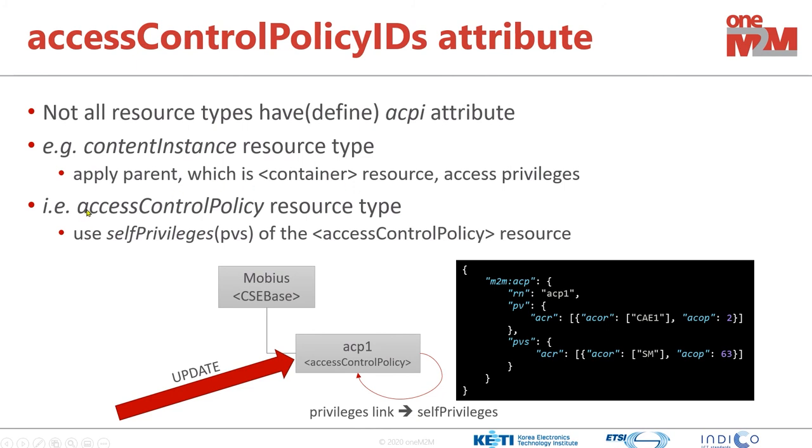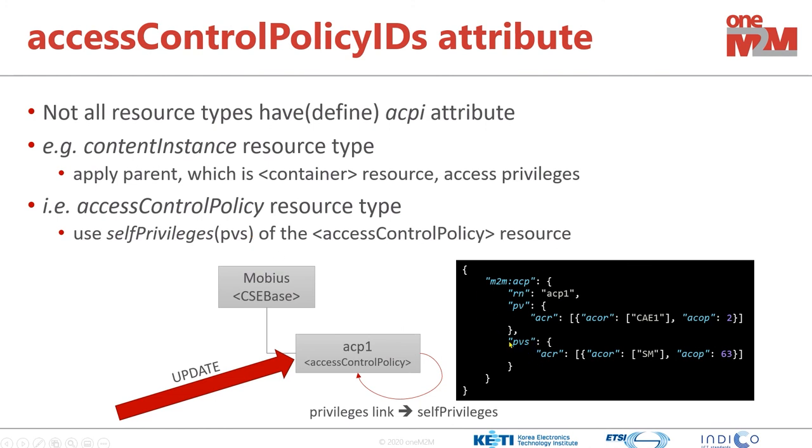And in the other case, the access control policy, which is basically the information for all the previous settings like this, there is no ACPI attribute unlike the container or group and other resources. The explanation would be too much for you today, so I will skip over it, but let you know how to set privileges to access the access control policy resource.